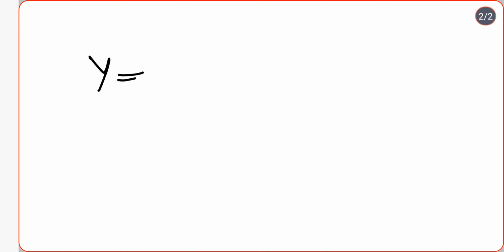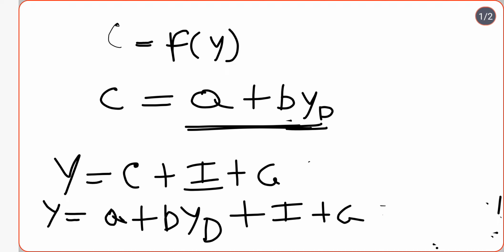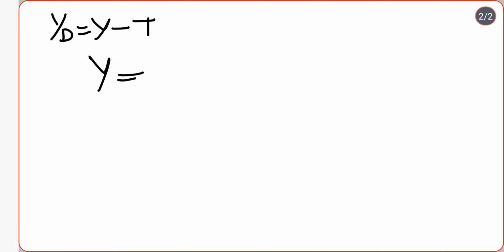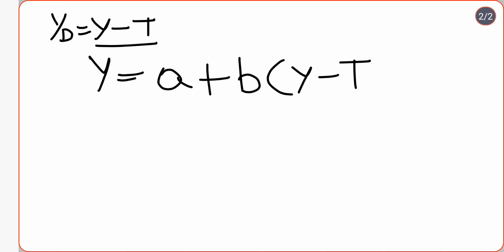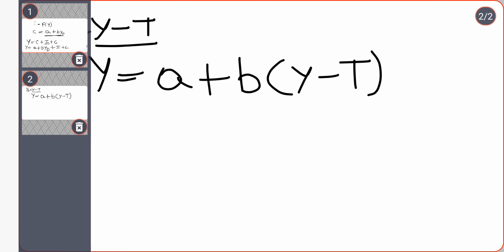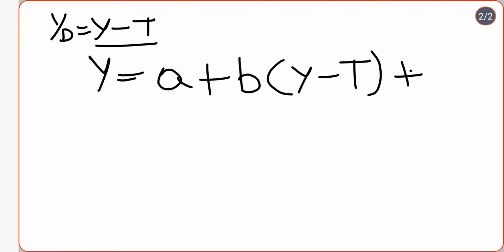So suppose as I have said earlier that disposable income is nothing but income minus tax. Okay, so we may write A plus B into YD. Now in the place of YD we may write Y minus taxes, because that is the formula of disposable income, plus investment and government spending.